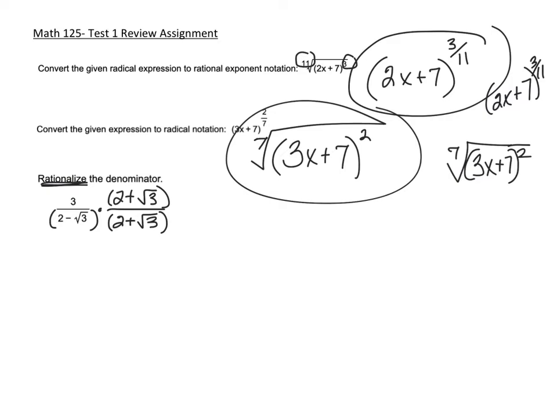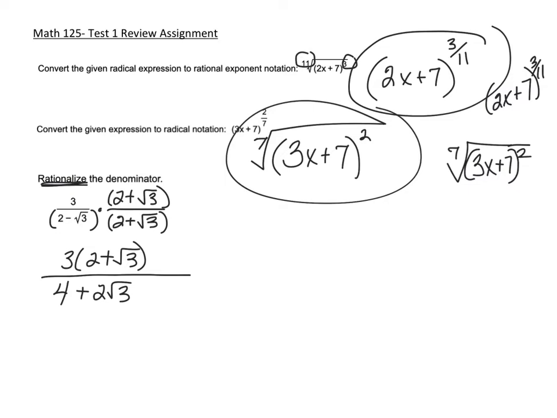Okay, so to rationalize it now, for the top, there's no need to multiply this out. Let's keep it like this for now, with the hopes that maybe something simplifies. And in the denominator, we're going to FOIL this out, but it's a difference of 2 squares. So when we multiply the first, which is 2 times 2, the outer, which is 2 times square root of 3, you get 2 square root of 3.